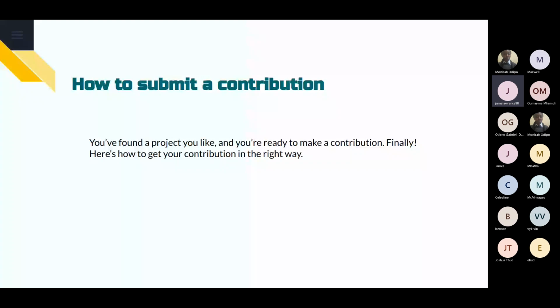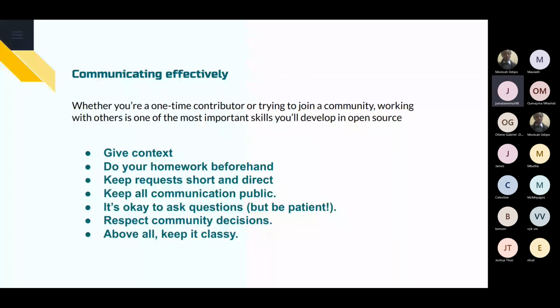How do you find an issue, and how do you submit an issue of the project that you're able to get onto? Talking about submitting, there are a few things you need to tackle before submitting.